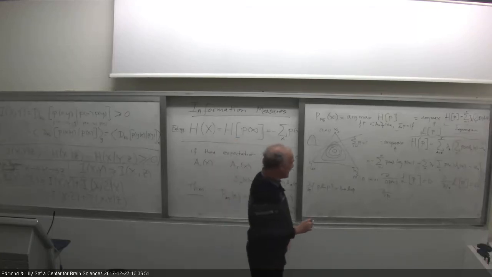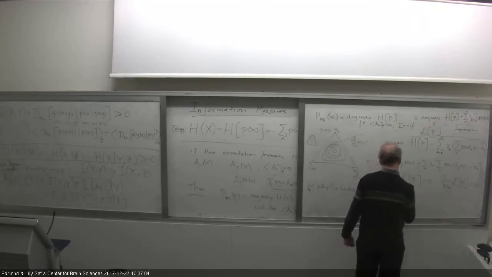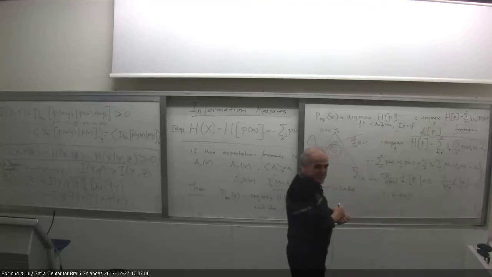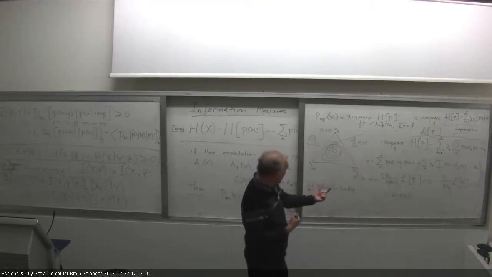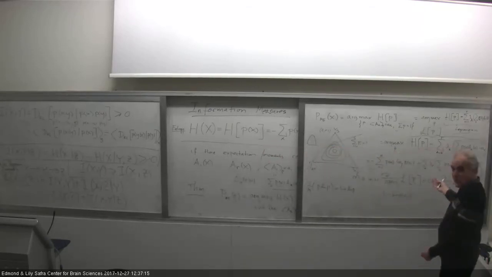So the derivatives here are going to be, there's a minus here, so minus 1 minus ln p(xi). This is the only nonlinearity in the problem. The only thing which is nonlinear in p is this p ln p. Everything else is linear, so when I take the derivative, I just get the constant.